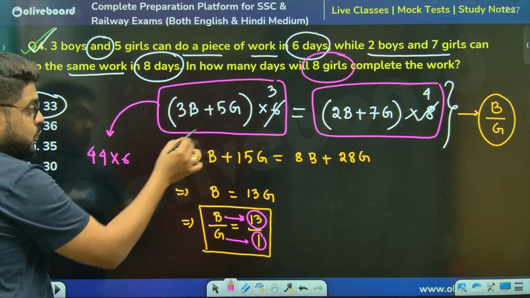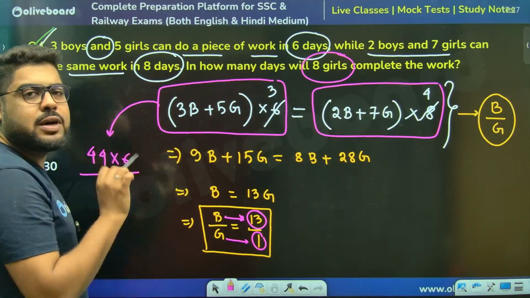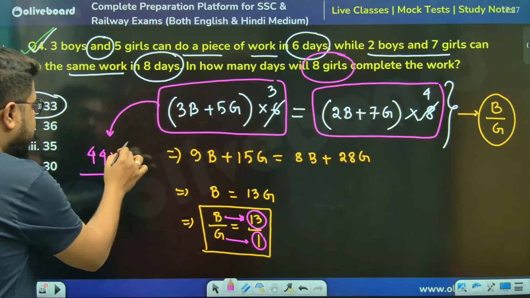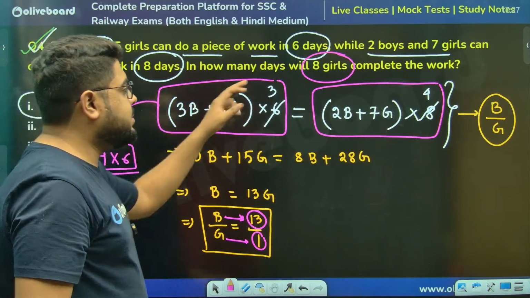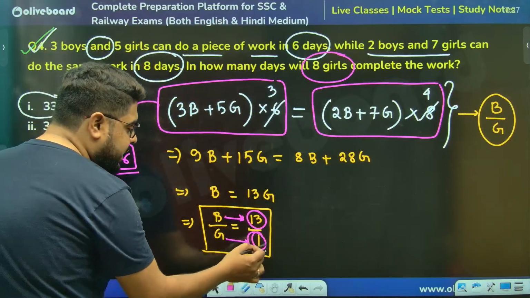Into 6. Do not take 3 by mistake. This is the total work. Now, who will do this total work? 8 girls will do this total work, divided by 8 units, since every girl does 1 unit.